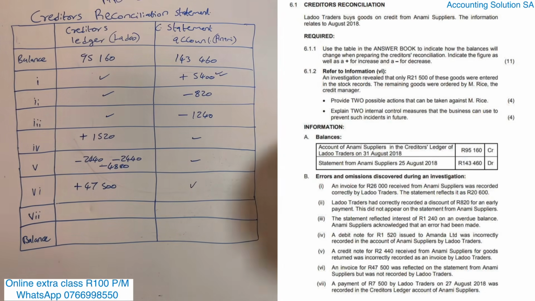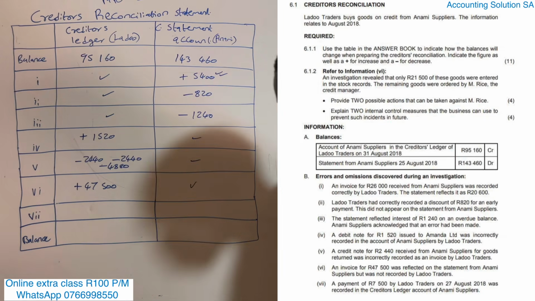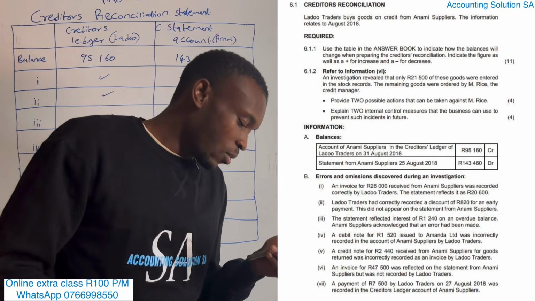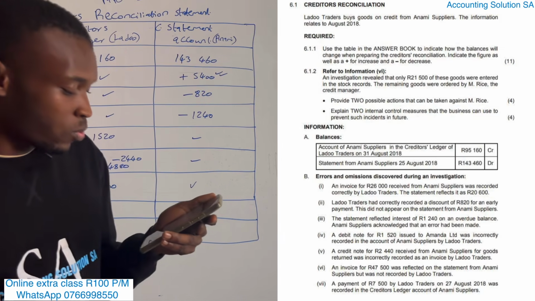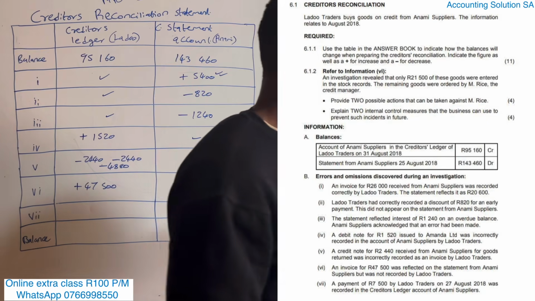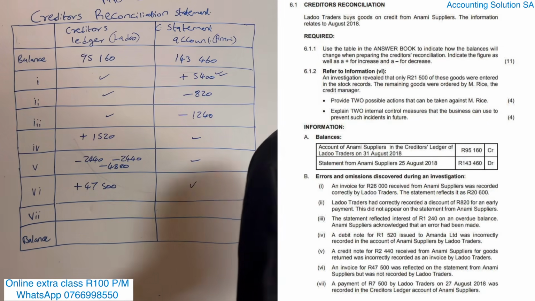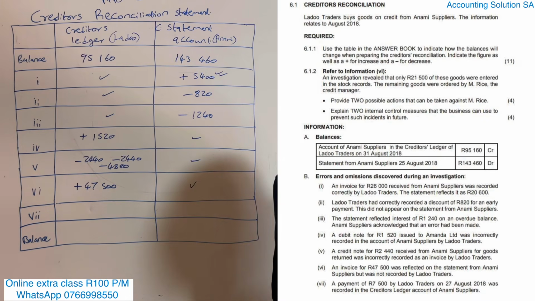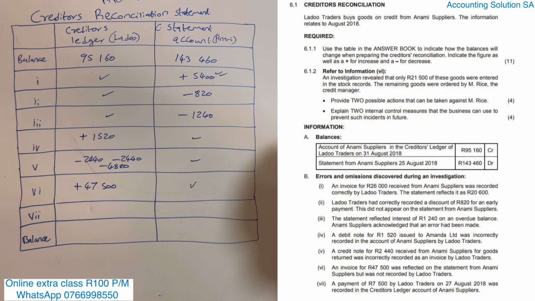Okay, the last one. Now you are about to kill it. A payment of 7,500 by Ladu Traders on 27 August 2018 was recorded in the creditors ledger account of Anami supplier. What is the issue here?